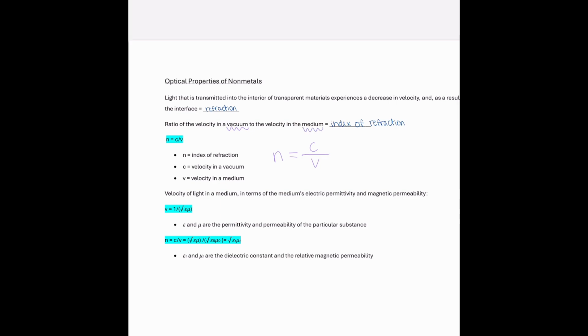So now we're going to look at the velocity of light in a medium in terms of the medium's electric permittivity and magnetic permeability. But we have the velocity in a medium. It's going to be equal to 1 over the square root of the electric permittivity times the magnetic permeability.